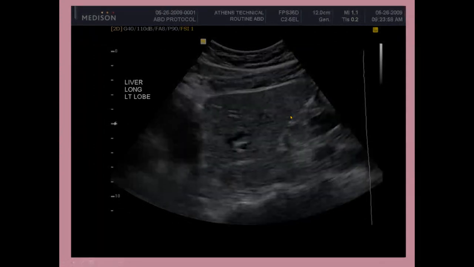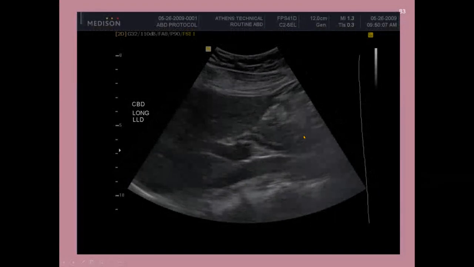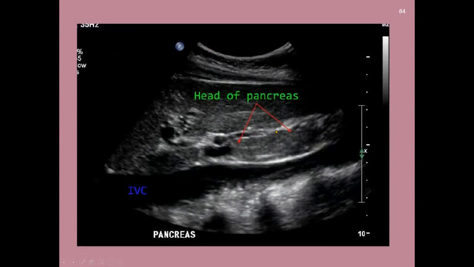Body with the caudate, pancreas. Here's that CBD elongated, okay? So this may have been in your gallbladder study, but here's that pancreas head right here. Pancreas head, here's that portal vein, IVC.